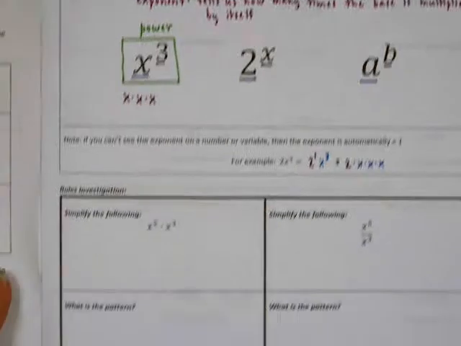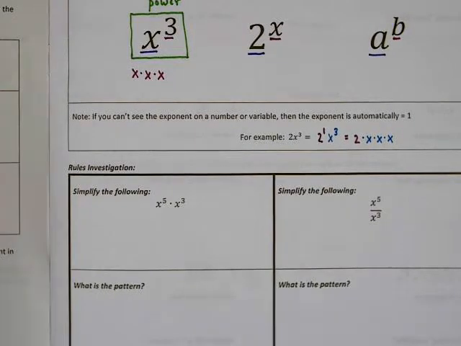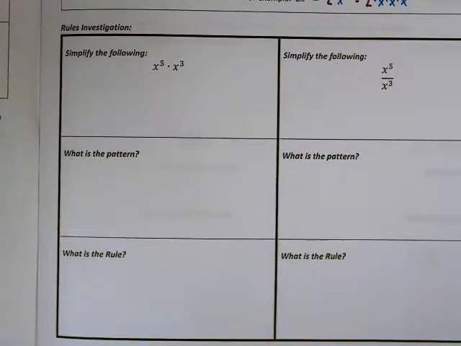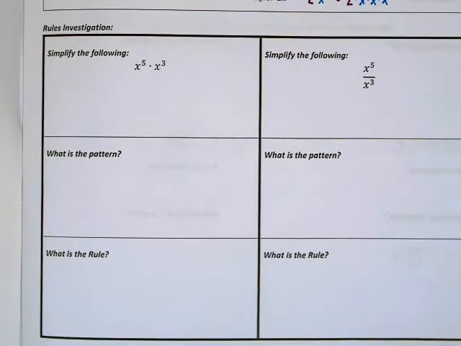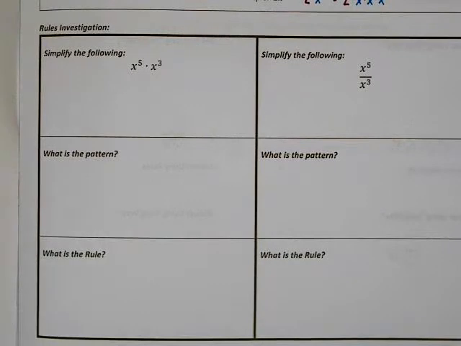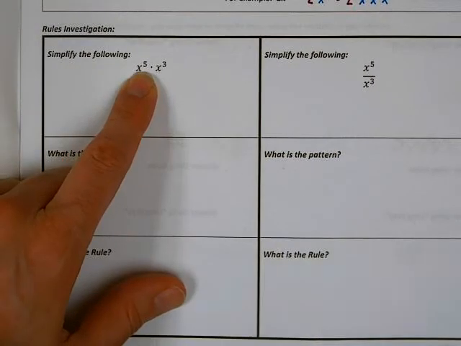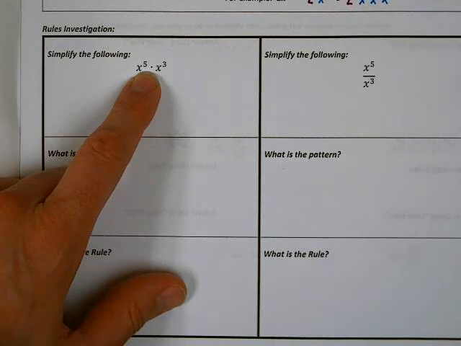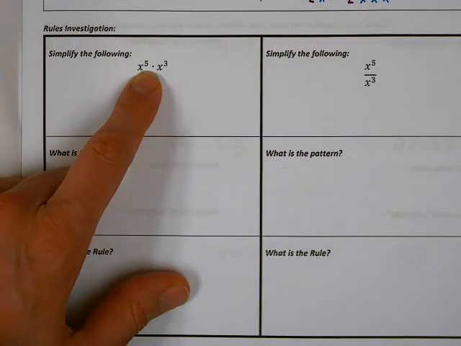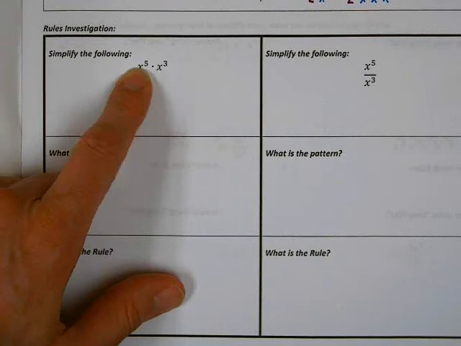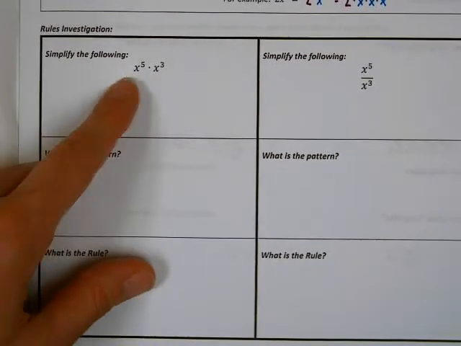All right, so then we went into some rules investigations here, and we're going to summarize what happened in our investigation. For the first one, we have x to the 5th times x cubed, and it's asking us to simplify that. We're going to expand that out first to see what's happening.